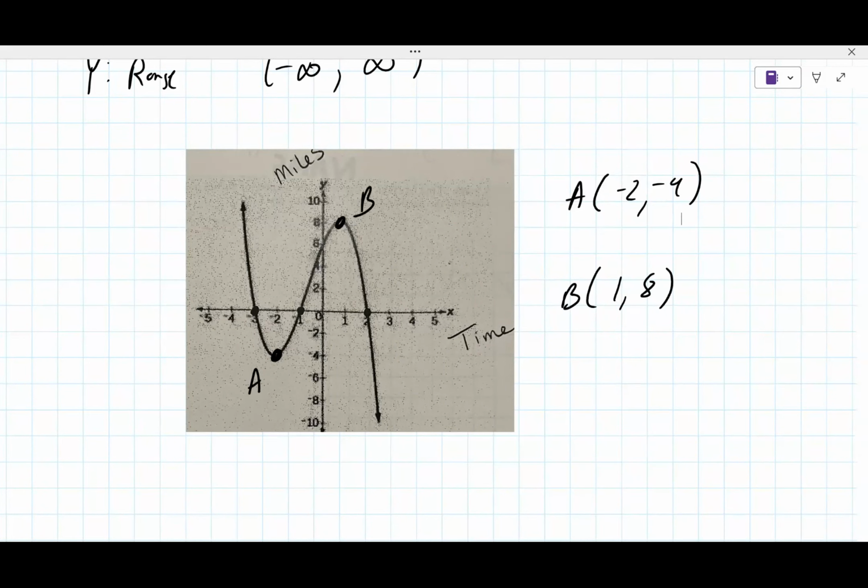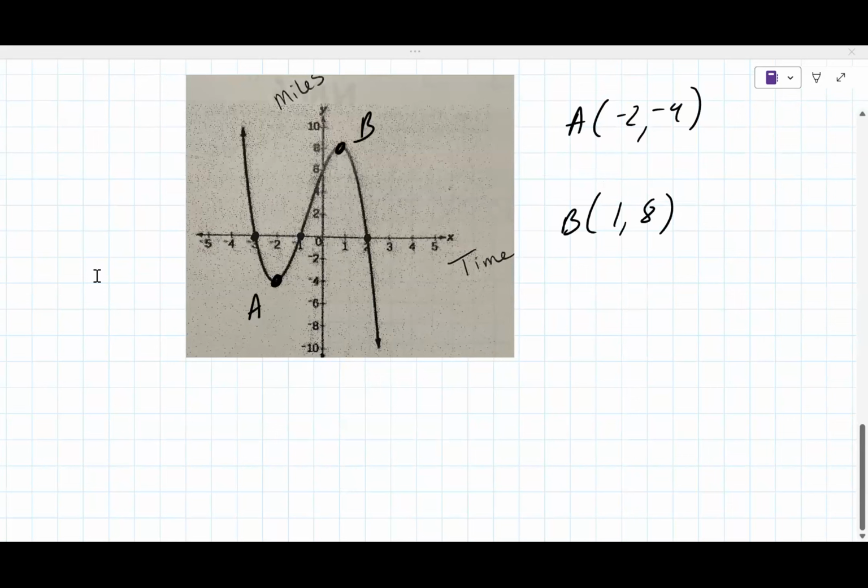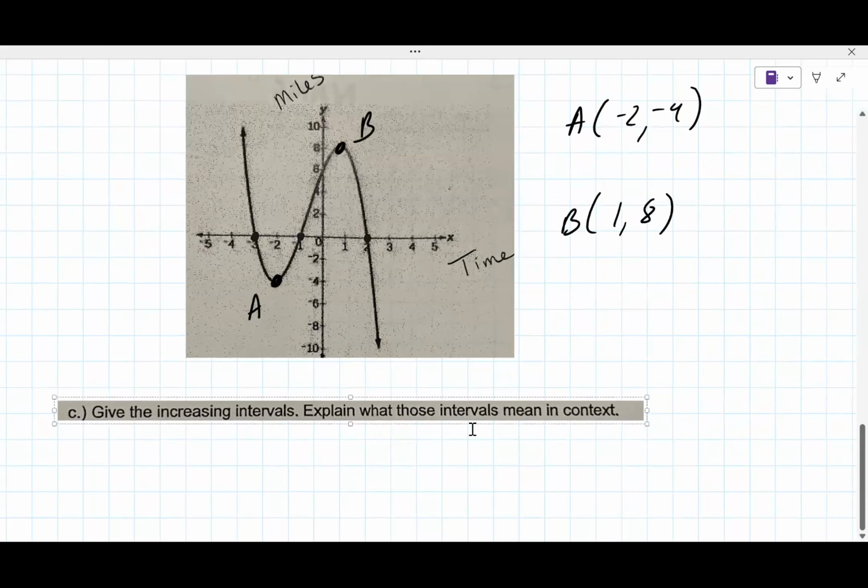Let's look at C here. I'll have you read C out loud after I snip it in. Can you go ahead and read that for us, please? Give the increasing intervals.